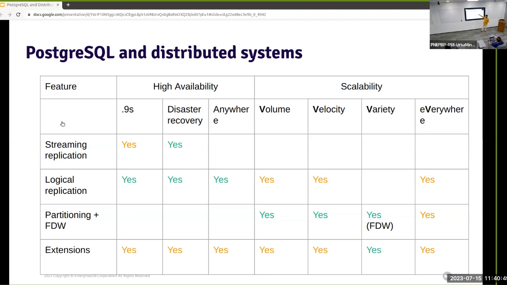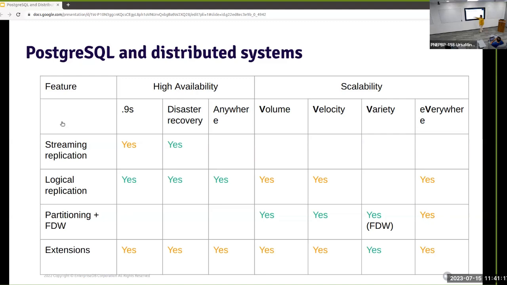You will get 24/7 availability, high availability, disaster recovery certainly, but you won't get 5 nines. Whereas logical replication has the potential to take care of all the high availability aspects right now. It also, in some cases, does the scalability thing. I mean, it can support some level of scalability.